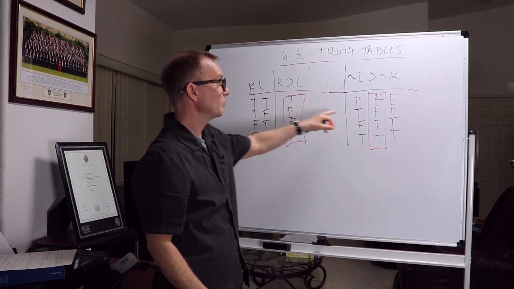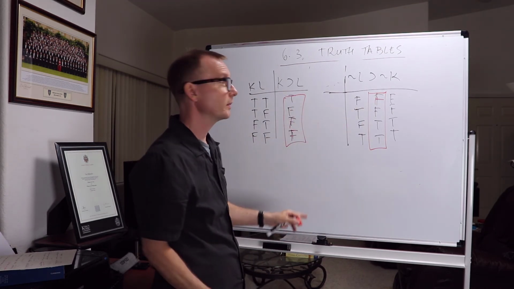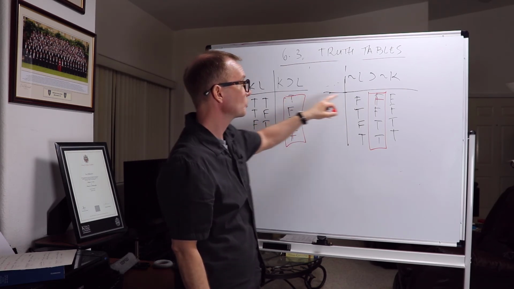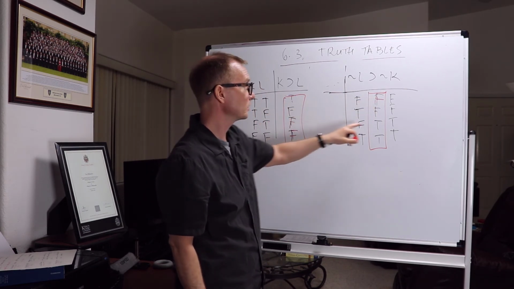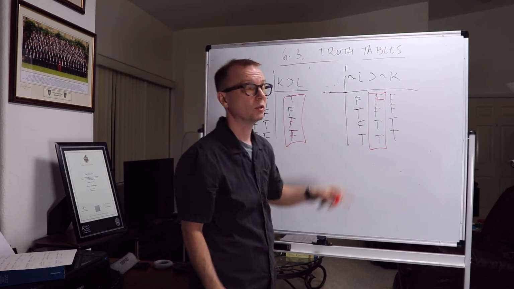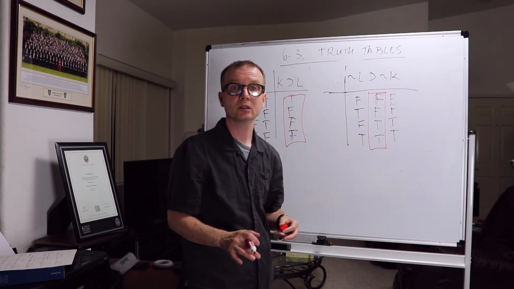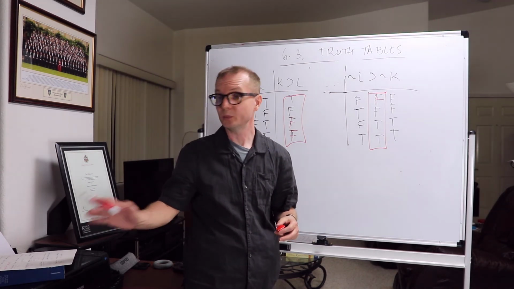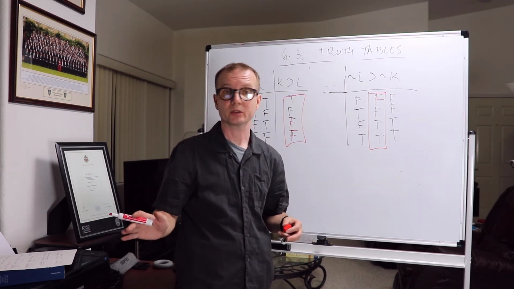Note that they both have false in the same position, but it doesn't matter as long as the truth is always different. So this one true, this one false, this one false, this one true, this one false, this one true. If we got this result, and the book does have an example for that, now that would be a contradiction.